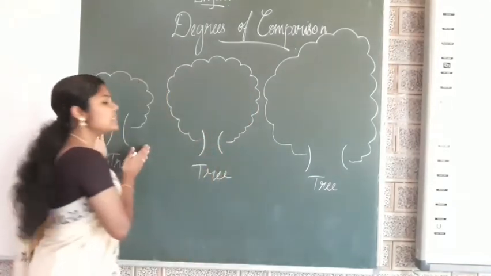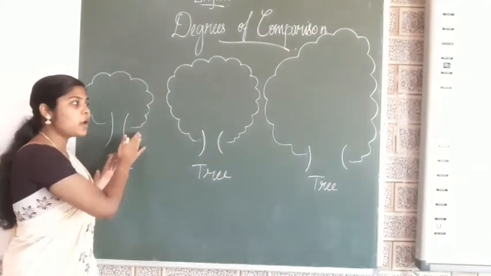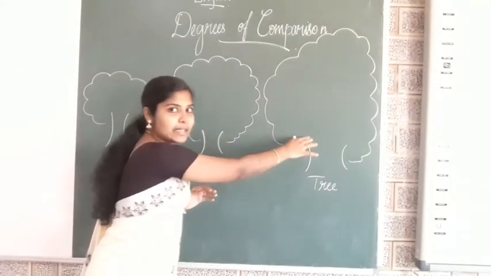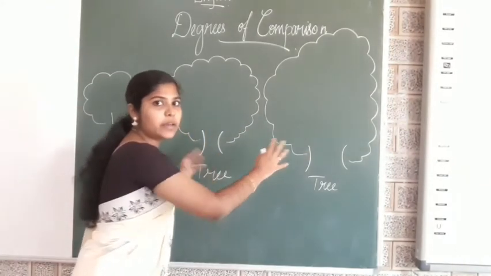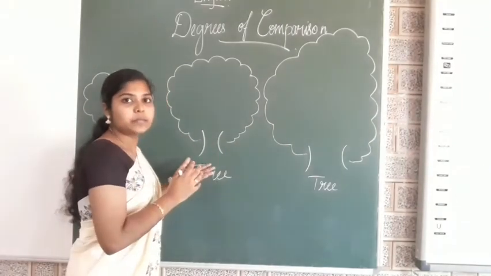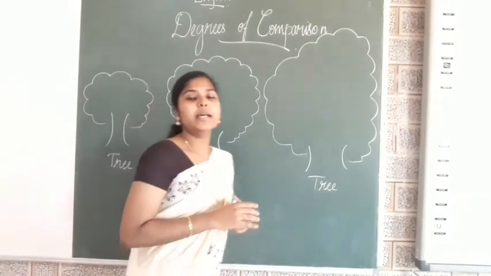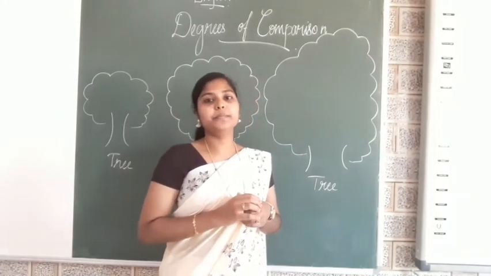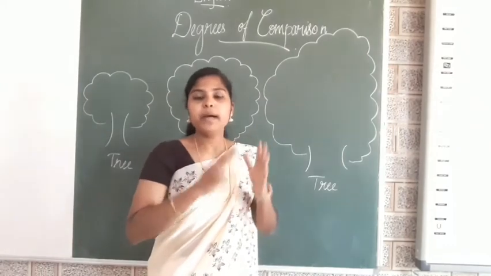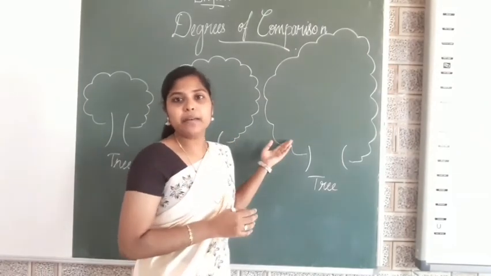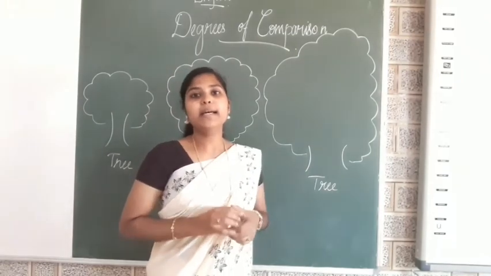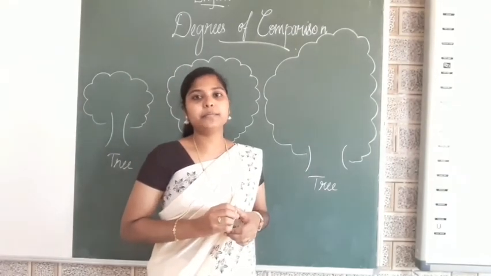Now, this first tree is smaller than this tree. This tree is smaller than this tree. So, if we want to compare these 3 nouns, we have to use degrees of comparison. The adjective changes its form based on the degree for the noun we are using. That is what is called degrees of comparison.